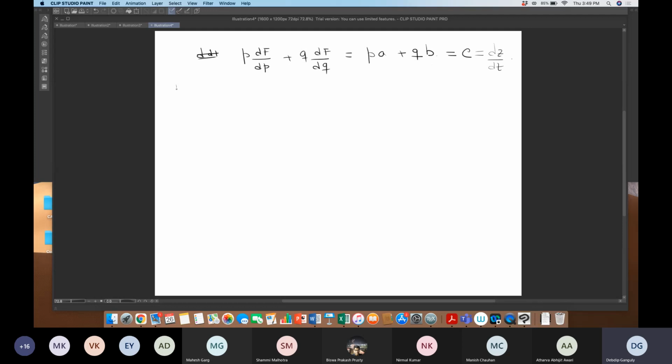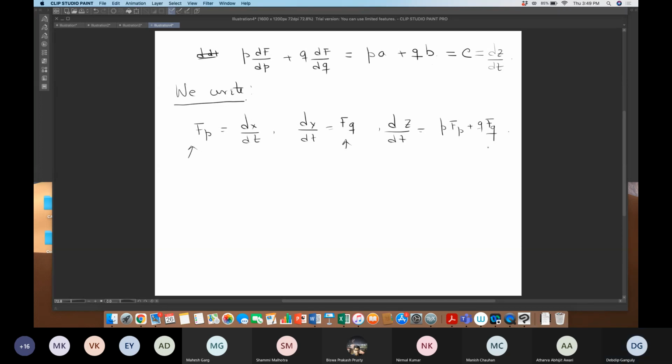Clear? So for this type of form F, we write if p is dx by dt, dy by dt is fq, dz by dt is pfp plus qfq. But now this is also unknown, fp and fq.